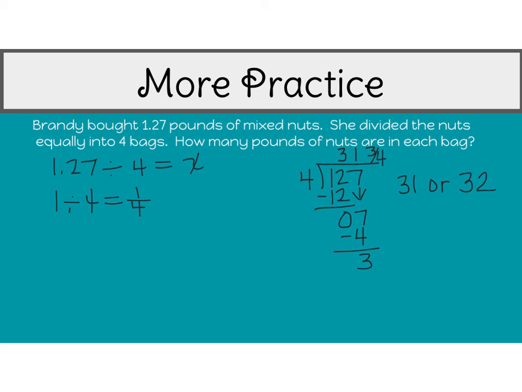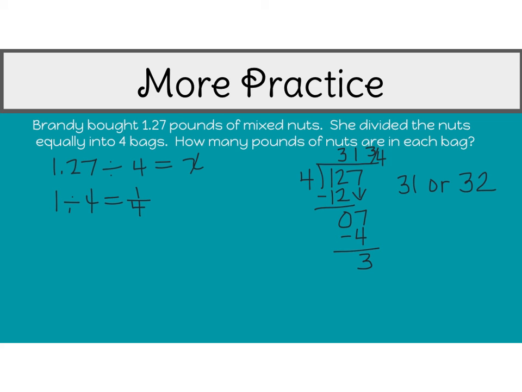You don't have to report it as a fraction. You could have said 31 remainder 3, which is fine. But I want you to think about, is that answer closer to 31 or 32? It is closer to 32 because 3/4 is past the half mark.